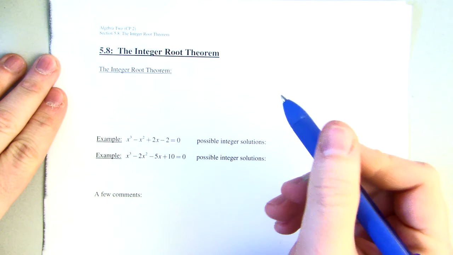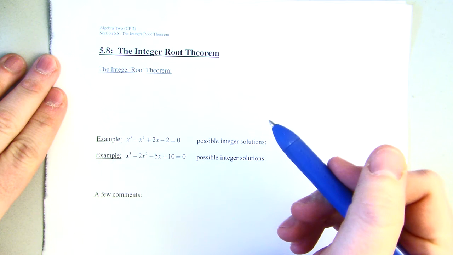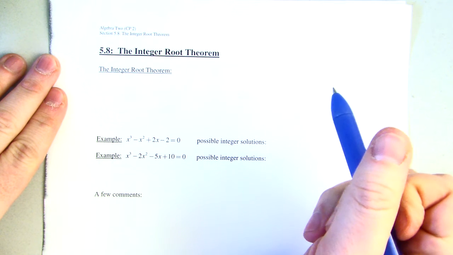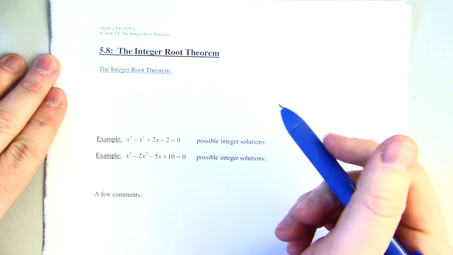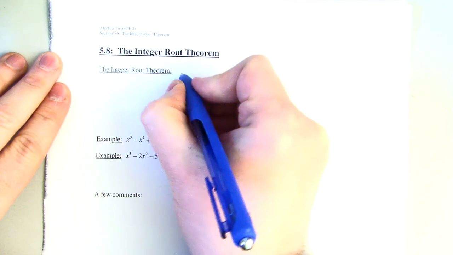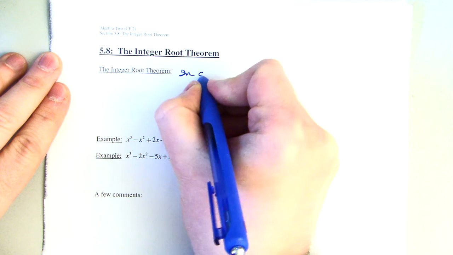And this is a theorem that tells us if any of our solutions happen to be integers, what will those solutions be? Here's what this says.